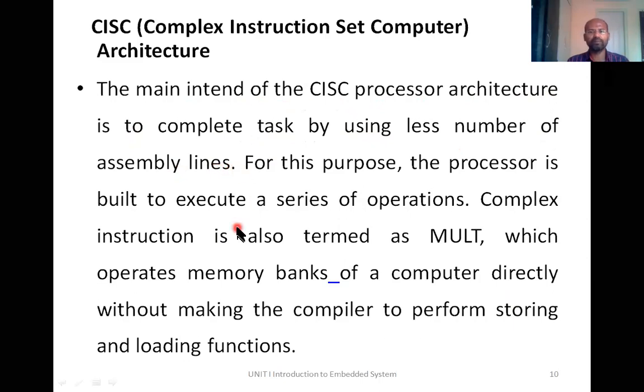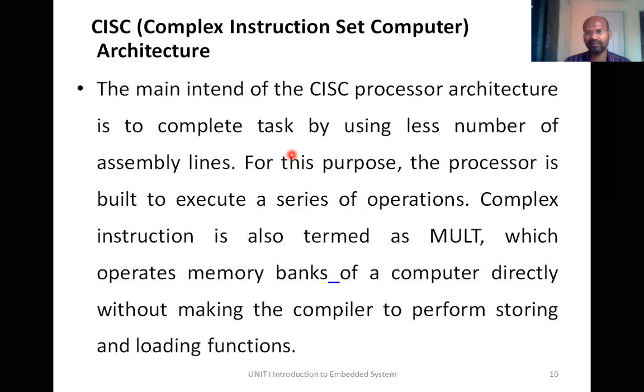When people were using assembly language, when there were no high level languages, think of those assembly language days, and you want to do an addition operation. Let's say A equal to B plus C, where B is one memory location, C is another memory location, and A is another location in the same memory.